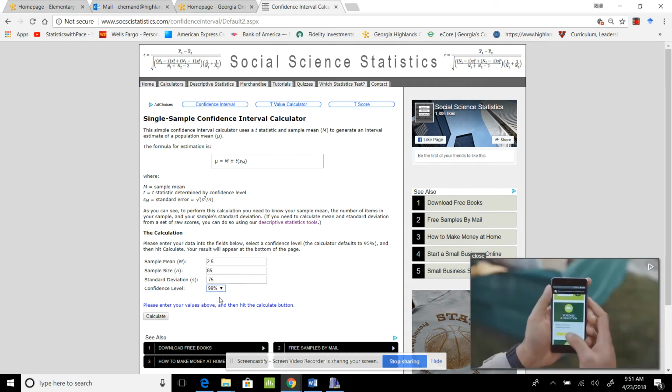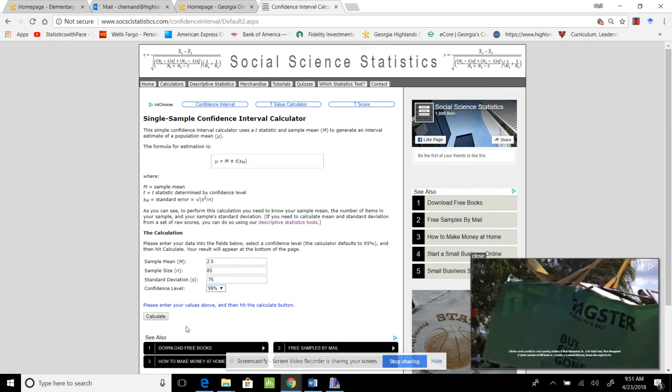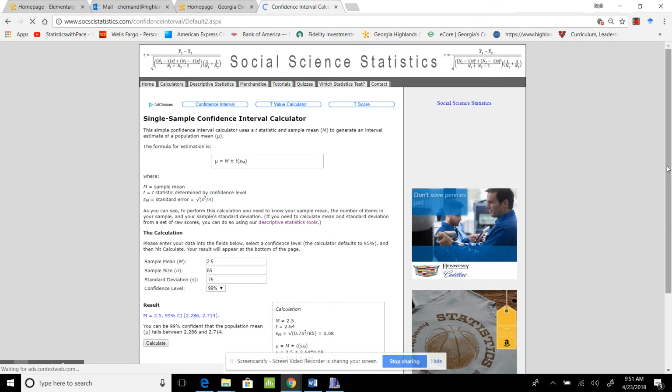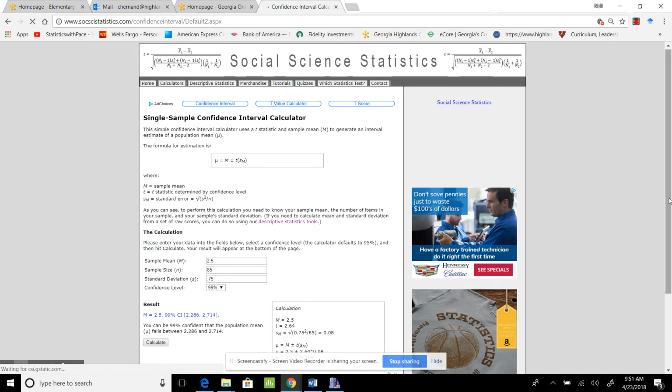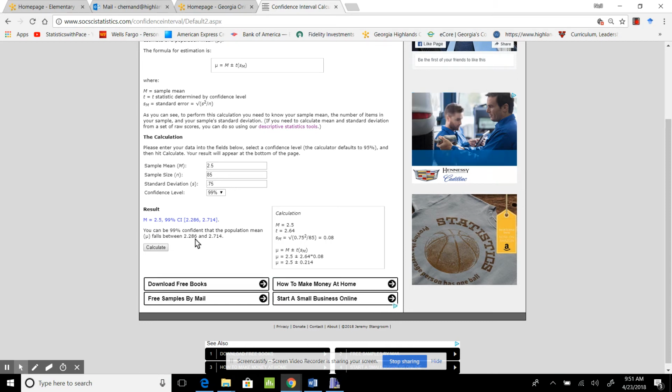Make sure to change your confidence level, because it's going to default to 95%. And I hit Calculate. And look, I got the exact same thing as I got on my calculator. It's here in blue. And the website is kind of cool because it even says you can be 99% confident that the population mean falls between 2.286 and 2.71.